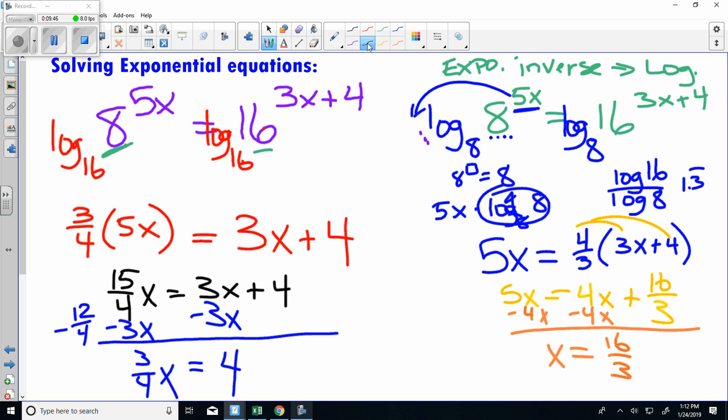And then multiply this by 4/3 and multiply this by 4/3, and x will equal 16/3. So that's the other option. Doesn't matter which side you use, you just log with whatever that base is.